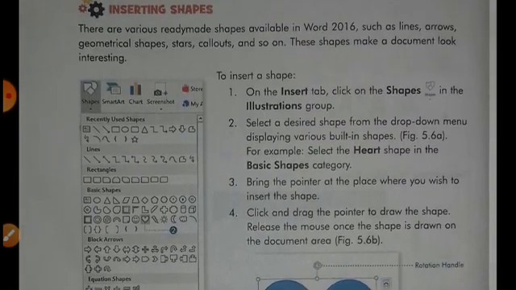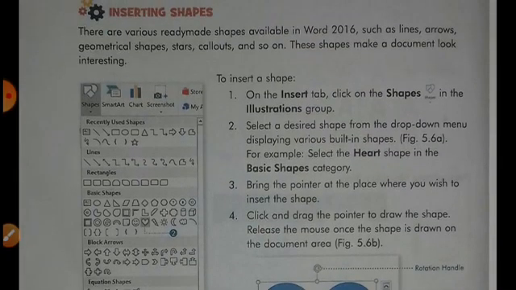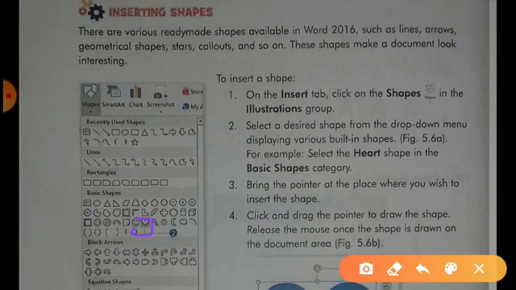Dear students, simply you have to select any one of the shapes, and then bring your mouse pointer in your drawing area, and just left click, and without releasing your mouse button you have to drag. And then you have to release your mouse button. Your shape will be drawn in your Word document.